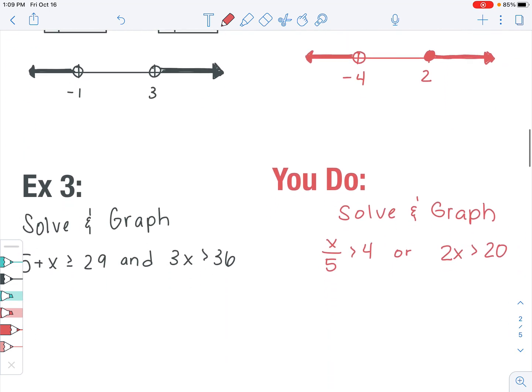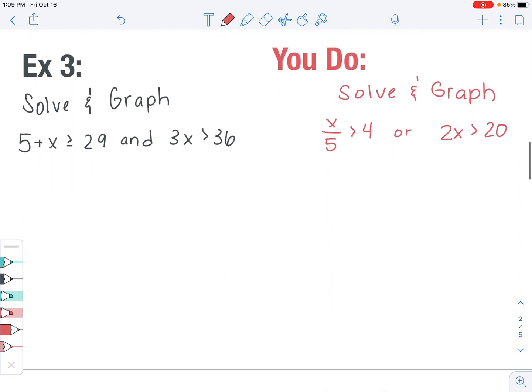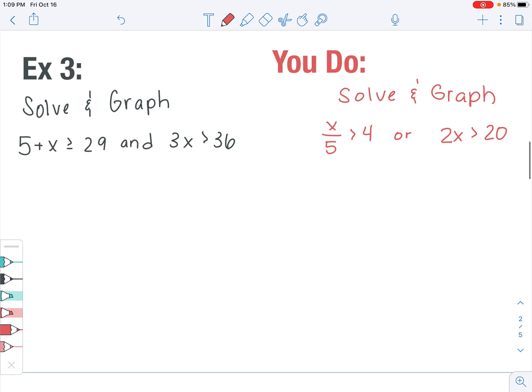So let's try one more together before you go off and work on these on your own. This next one, example 3, says 5 plus x is greater than or equal to 29, and 3x is greater than 36. Even though it's an and problem, I'm going to solve them separately because they gave me 2 separate problems.